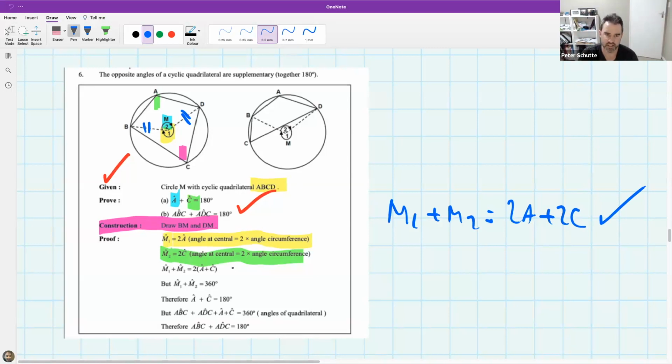Okay, so we've done that bit. But now what you notice is that M1 plus M2 make the angles of a full revolution. We know that that's 360, and that would just be because of the angles in a revolution.